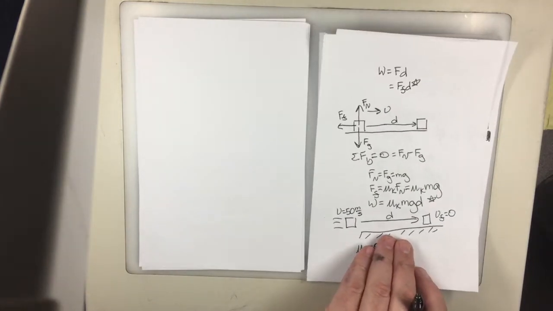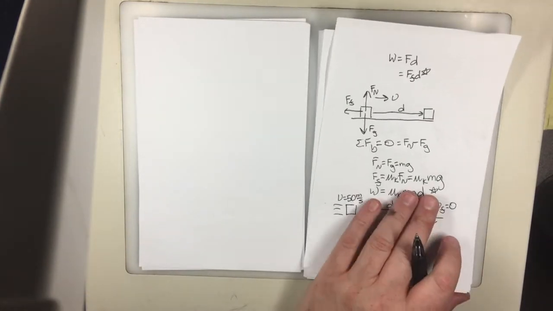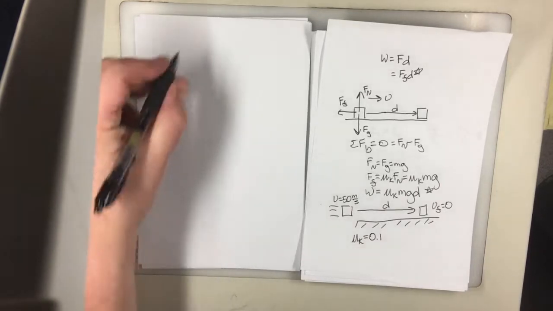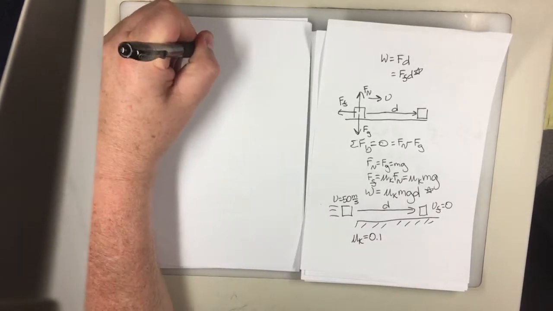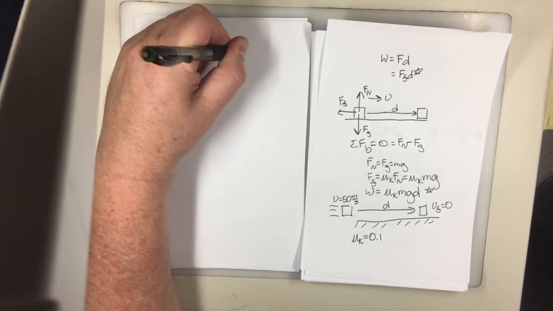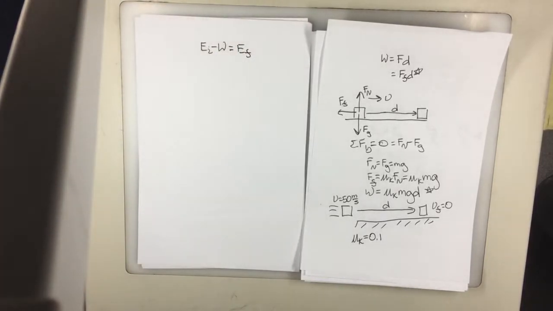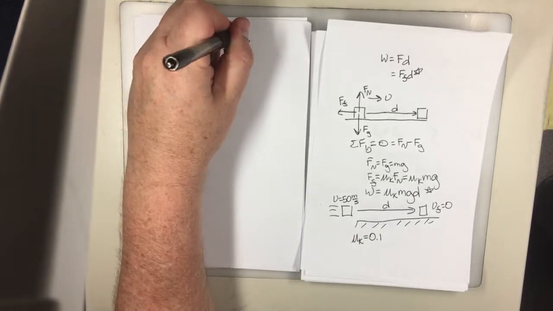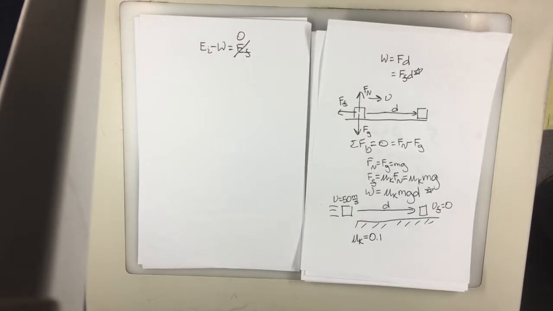So writing our general checking account equation, we have energy initial minus the work is equal to energy final. I told you at the end of this specific problem that it wasn't moving, so there is no kinetic energy. I don't have to worry about potential energy because of two things.